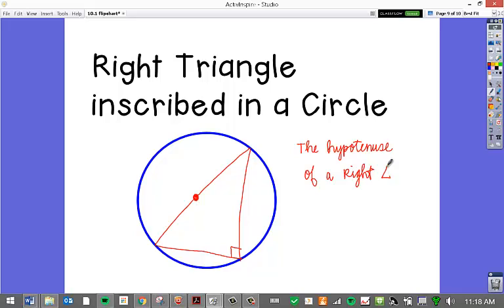The hypotenuse of a right triangle inscribed in a circle is always the diameter.